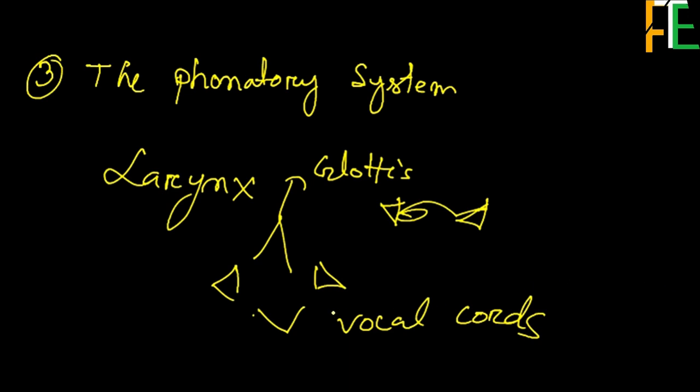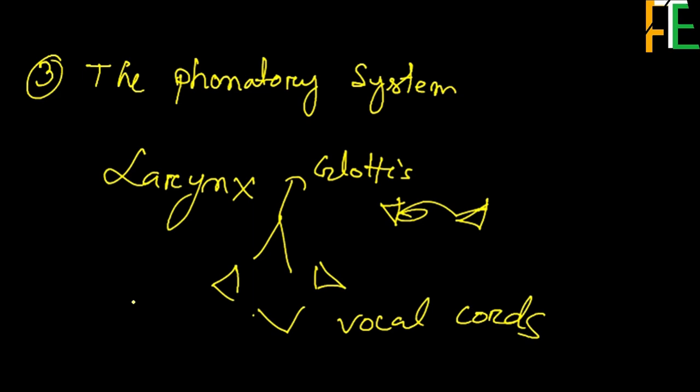On the basis of the function of the larynx, that is basically the vocal cords, the speech sounds are largely divided into two different categories. One is voiced speech sounds and another is voiceless speech sounds.